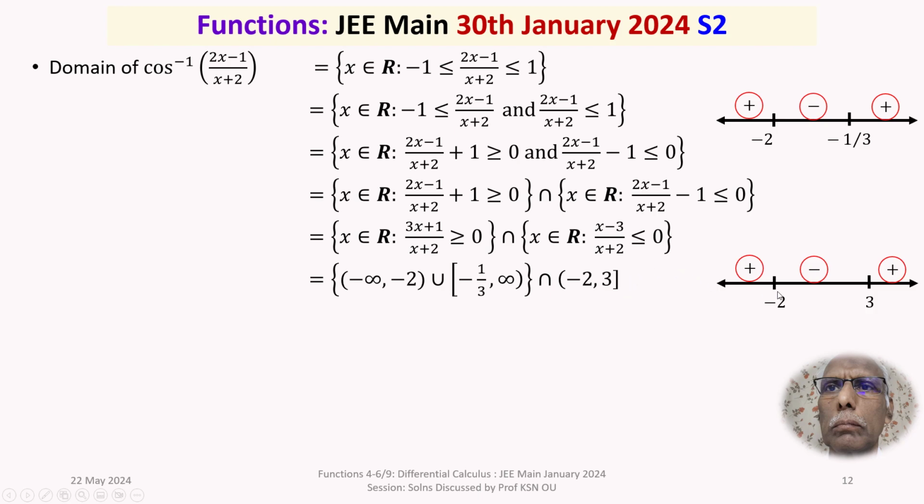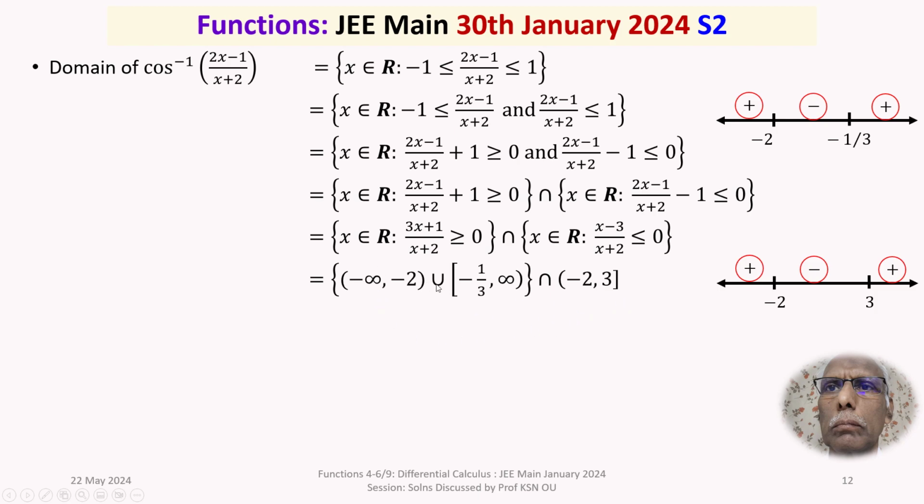Now you will ask a question, why is minus 2 not closed? If it is closed, x is equal to minus 2 is included, that means the denominator becomes 0. So this is undefined. Therefore it's open. But whereas x is equal to 3 you can consider, and at x is equal to 3, one of the answers will be equal to 0. Therefore you have to consider that. Therefore it's included.